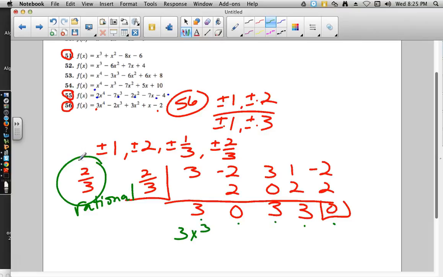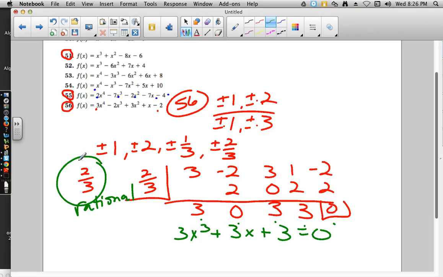So 3x to the 3rd plus 3x plus 3 equals 0. And what can we do with that? Well, at this point, you guys can't do anything with that. And the reason is because we can't factor that other than pulling the 3 out of there, and that's not going to bring us any closer to getting the zeros, because this is not a quadratic, this is a cubic.